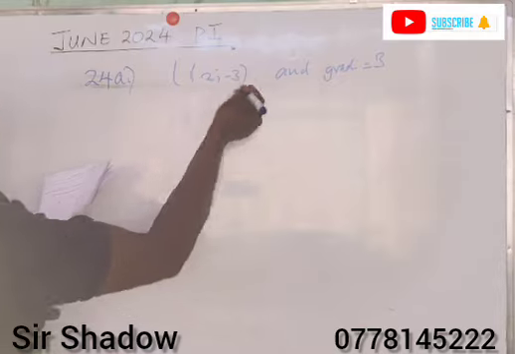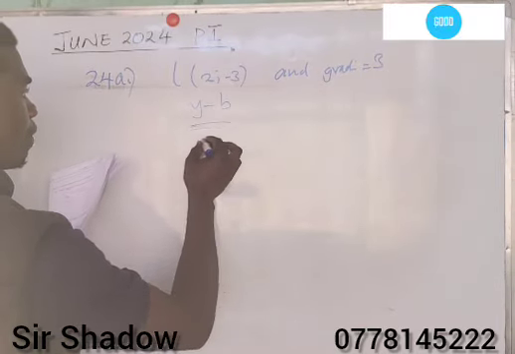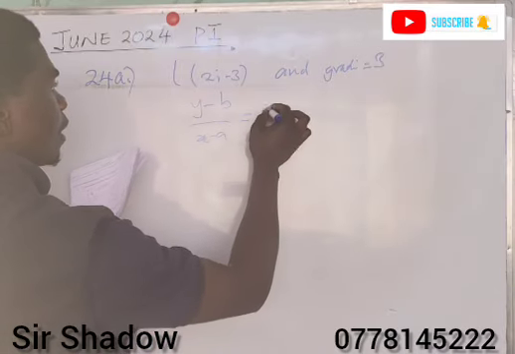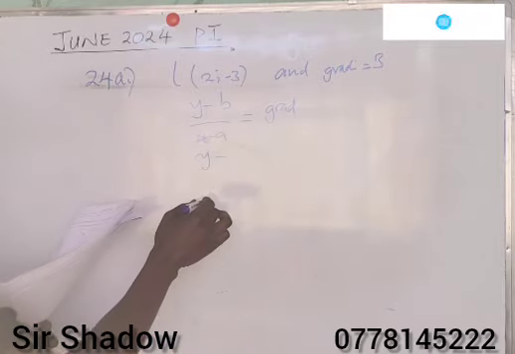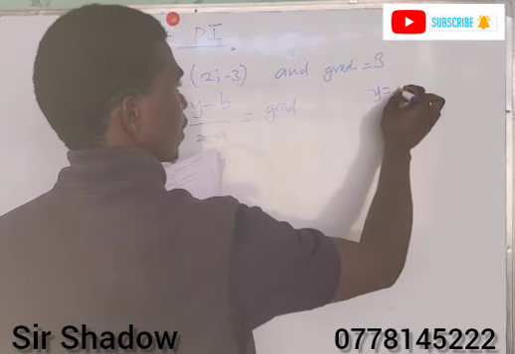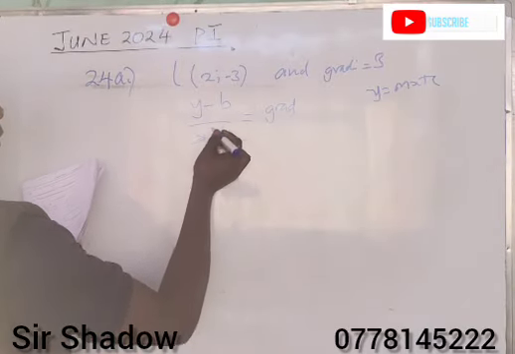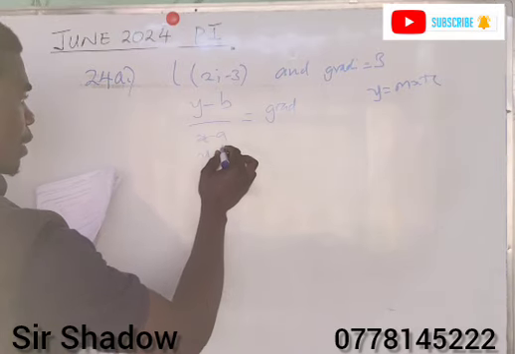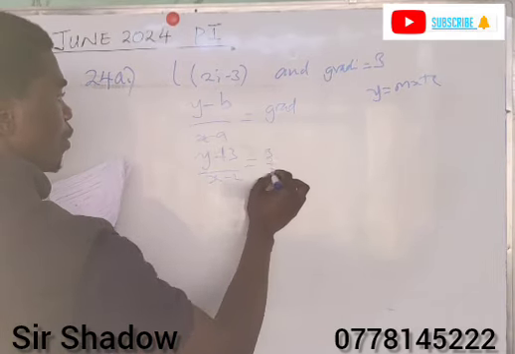So you are given the point and the gradient. So you are saying (y minus b) over (x minus a) should give us the gradient. We are asked to find the equation of a line in the form y equals mx plus c. So y minus the y coordinate of the point: y plus 3 over x minus 2 equals 3 over 1.